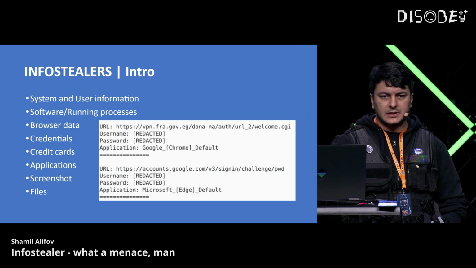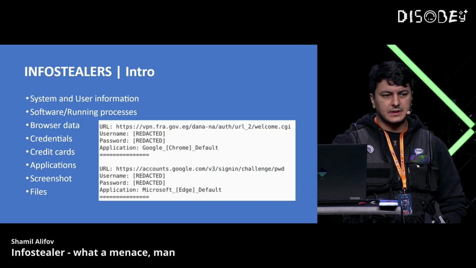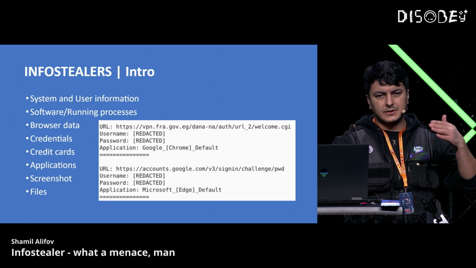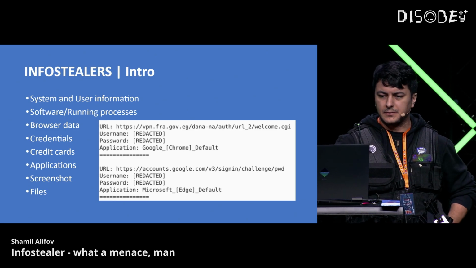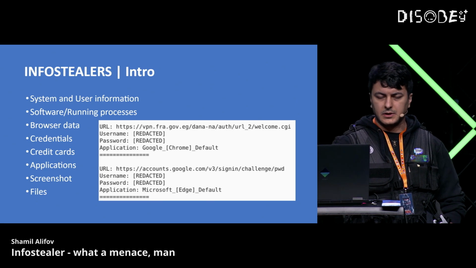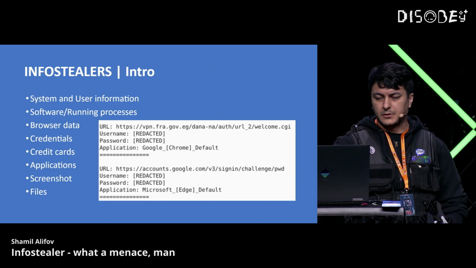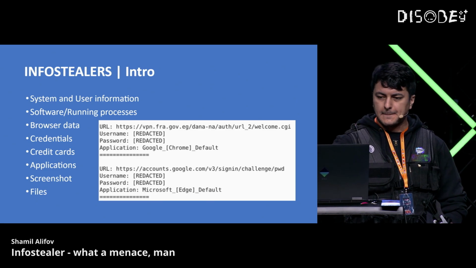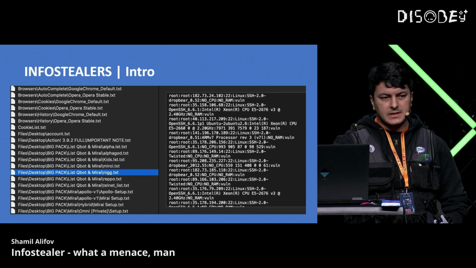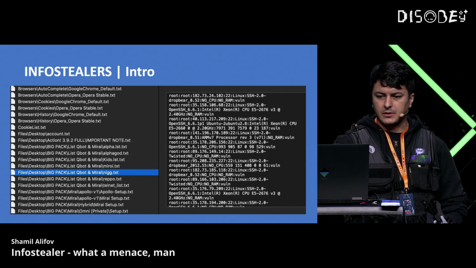This is just self-explanatory. Just grabs the passwords that are saved on the browsers, and usually they will distinguish from which browser it was stolen. In this case, we have Chrome and Edge. And speaking about the interesting files found on the victim machines, this screenshot I took long ago.